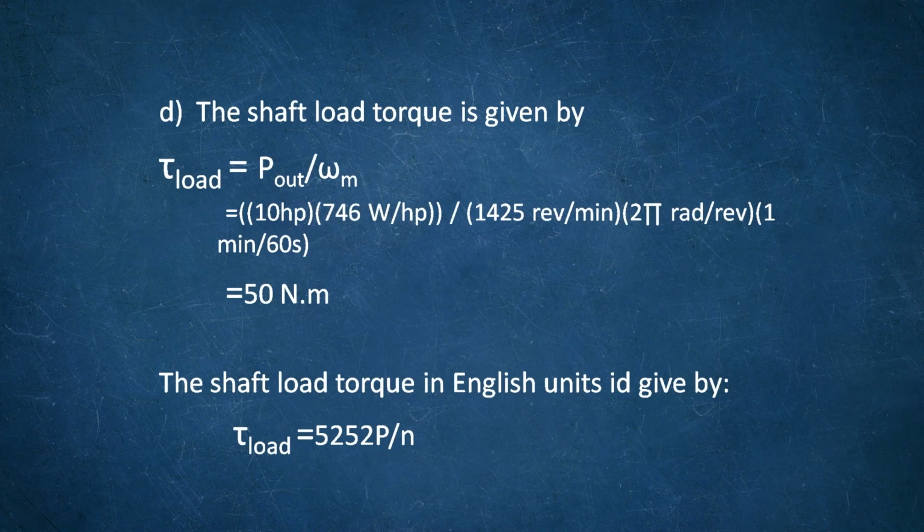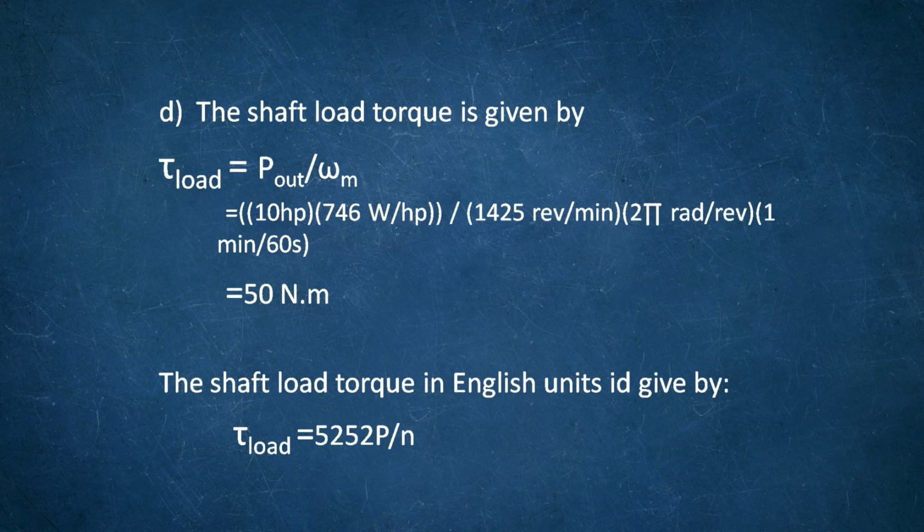So, the next part is the shaft torque of this motor at the rated load. For shaft power, power is torque into speed. So, torque is power output upon rotating speed.